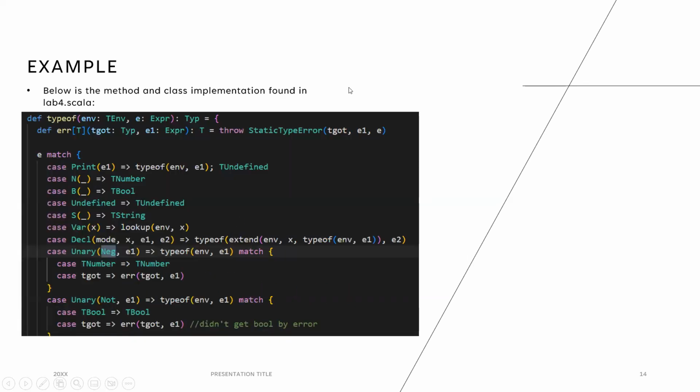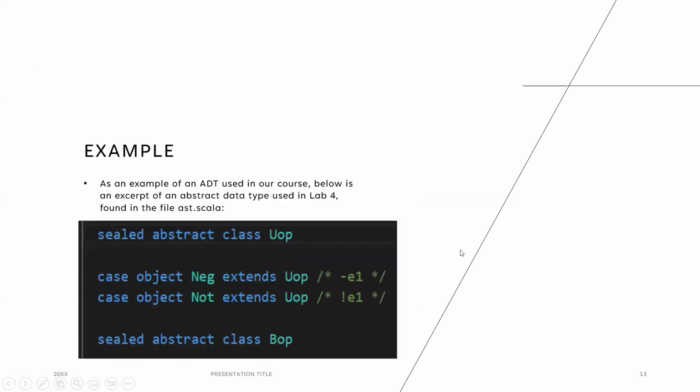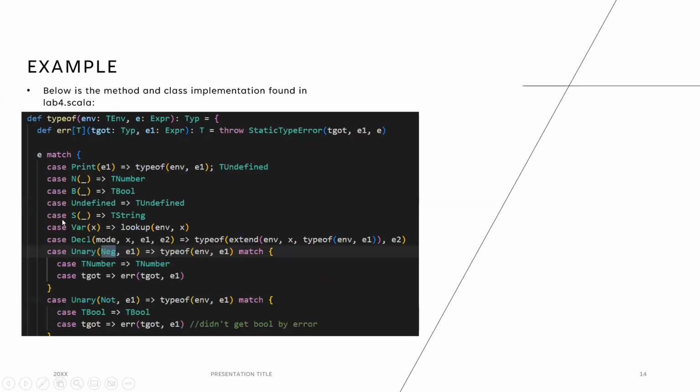And so if you look into the lab4.scala file, I looked into the function typeof, and you can see here, we have both unary and neg actually implementing everything and laying out how the guts of it work. So in this, we get an actual definition that we can use in other areas, but it pulls from this implementation.